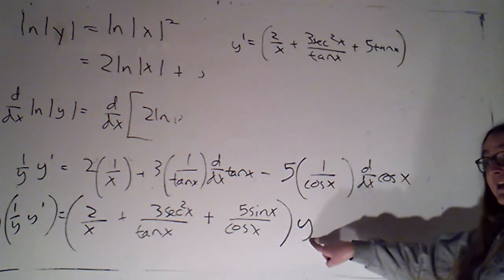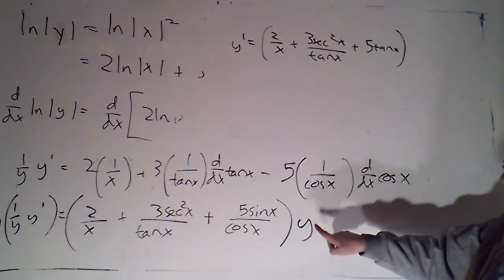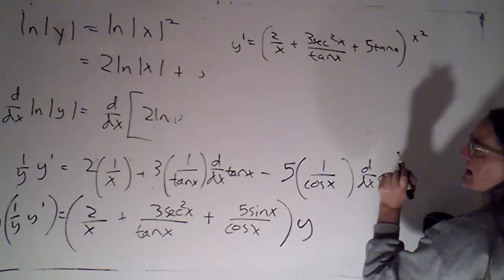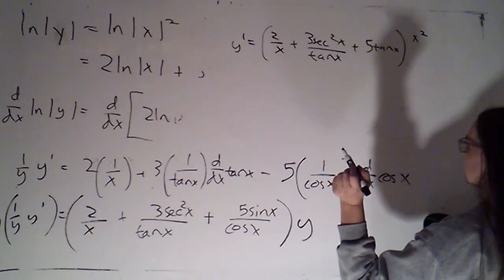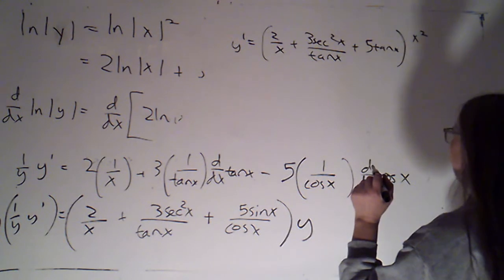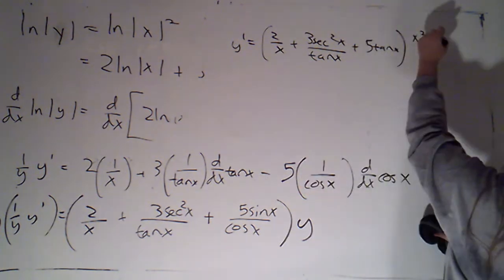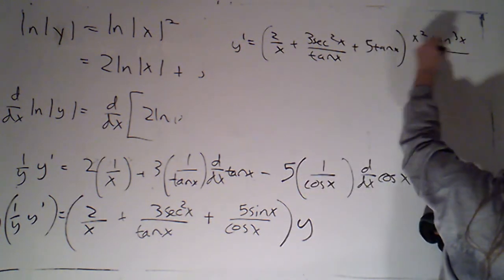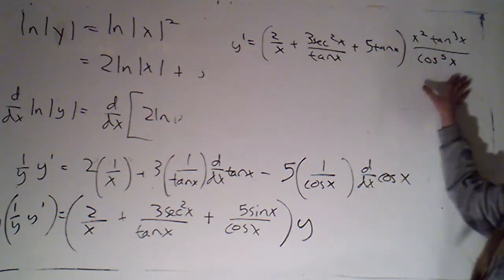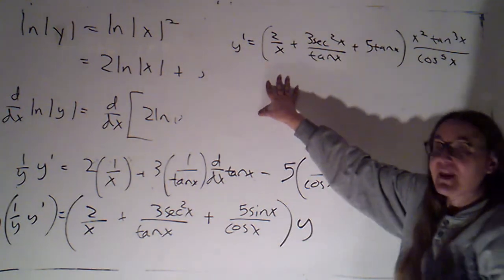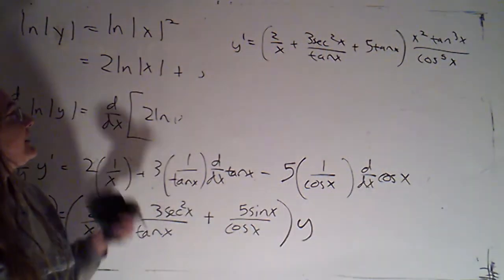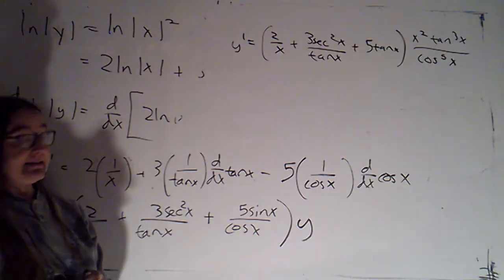And then times y, where y was x squared, oh dear, what was y? Tangent cubed x over cosine to the 5th x. That is my formula. That is valid anywhere it's defined where the original y value isn't 0.